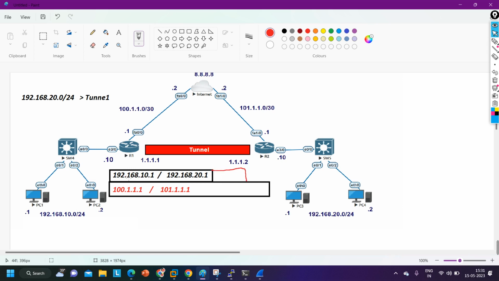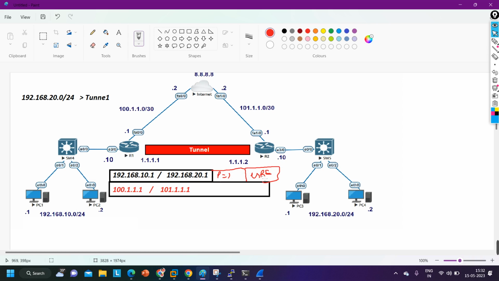Here you can see this is the actual packet, where the protocol field number will be 1, which means ICMP. After that, GRE adds a GRE header.